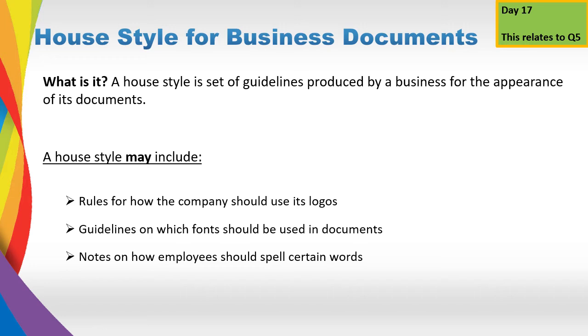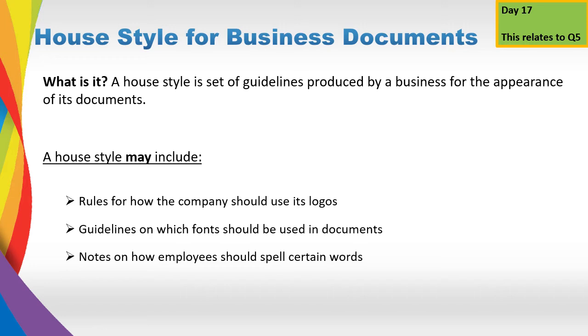A house style for business documents. So what is a house style? I've already touched on the phrase house style when I talked about templates. A house style is a set of guidelines that are produced by a business for the appearance of its documents. So the house style could include the rules of how the company logo can be used.